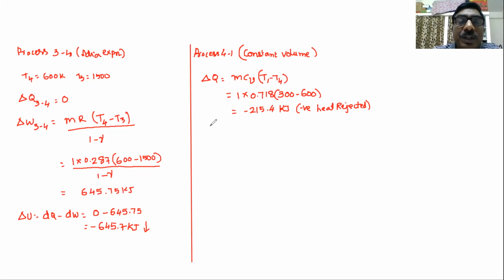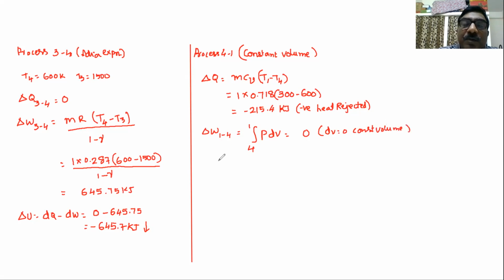Okay, so what is the work transfer? Delta W 4 to 1. This is a constant volume process, so the change in volume is 0. Normally, what is the work done? This is the integral from 4 to 1 of PdV, which is nothing but 0 because dV is equal to 0 at constant volume.